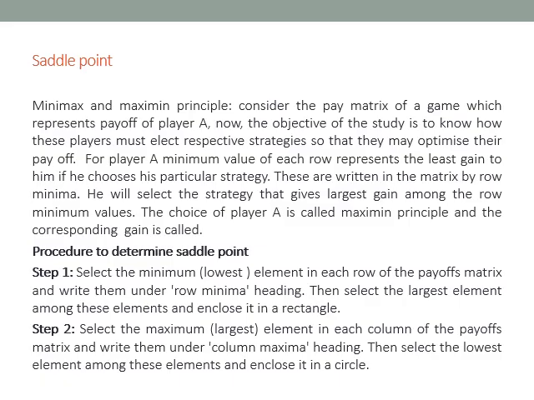Now let's see how to follow the procedure of determining the saddle point. First step: select the lowest element in each row of the payoff matrix and write them under the row minimum heading.